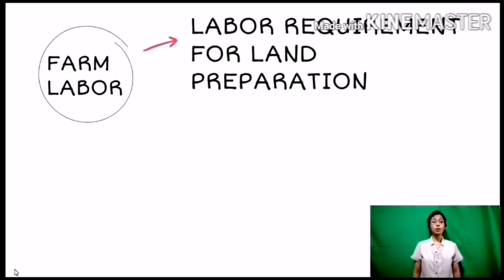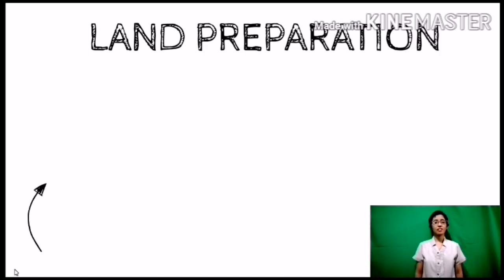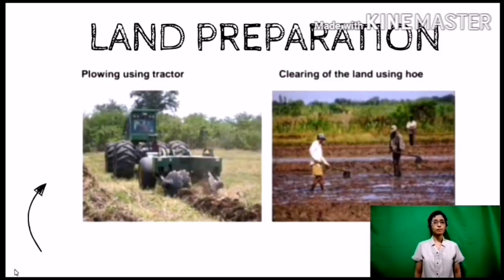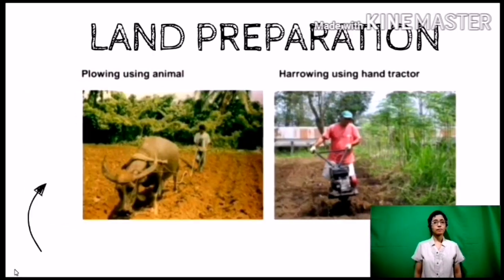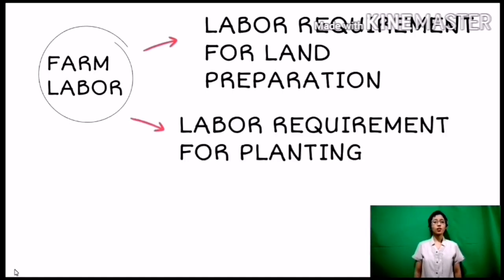First is the labor requirement for land preparation. They are the ones responsible in plowing and cleaning the land in preparation for planting. Second is the labor requirement for planting. These are farmers responsible for placing the seeds on the ground so it can grow.